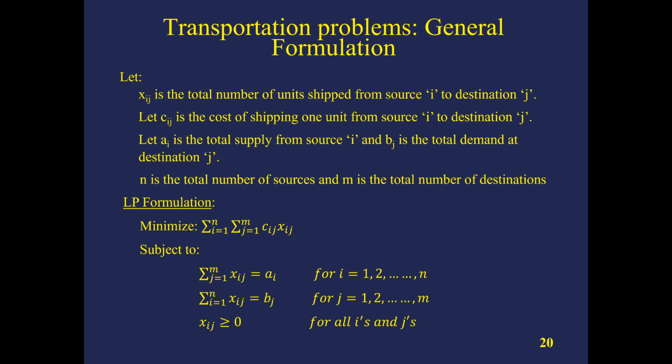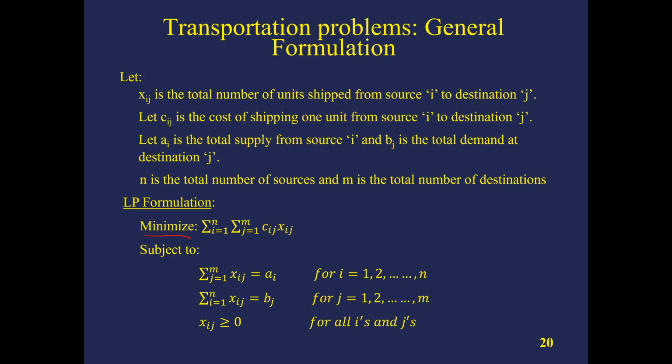So we can see that the objective is the sum over j equal to 1 to M and the sum over i equal to 1 to N of Cij Xij. It is a minimization problem. Minimize this, varying the j's and i's to get all the different combinations.